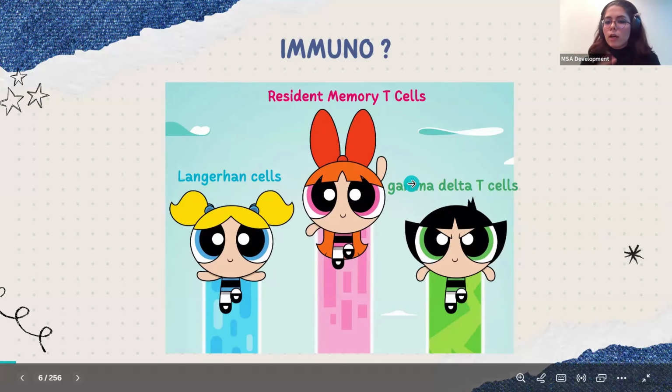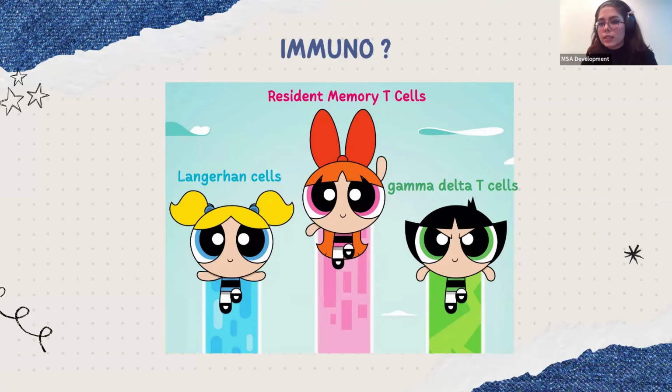Usually in the body you have alpha beta T cells, but in the skin specifically you have gamma delta T cells. As I was doing this crash course, each cell in some way was linked to the characters of the Powerpuff Girls. Don't ask why. Just know it as is. It will help you, I promise.